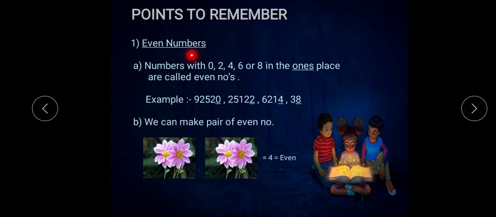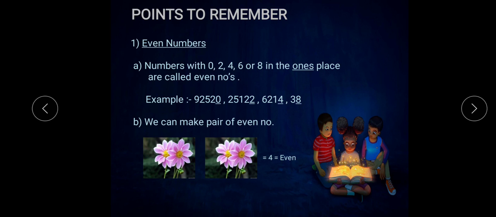First, let us see what are even numbers. So first, we can see that the numbers that are ending with 0, 2, 4, 6 or 8 in the ones place are called even numbers. That means the numbers which are having these digits at their last place or ones place, that is either they are having 0 or 2 or 4 or 6 or 8.